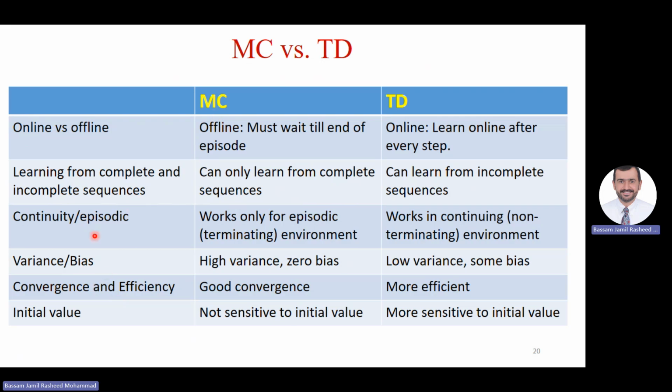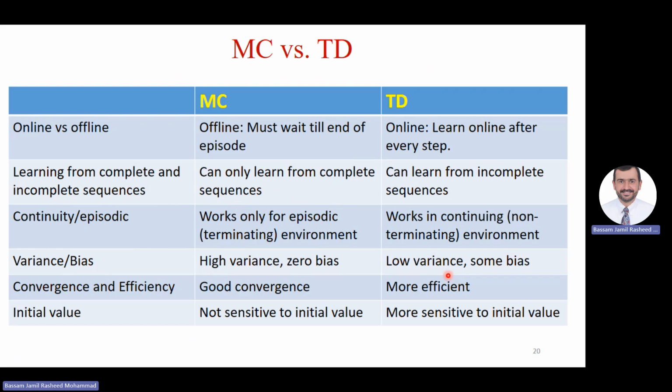Monte Carlo has high variance and zero bias, or minimal bias, we should say. The variance comes from the fact that we have to run complete scenarios, and those scenarios take all kinds of paths, so there are diversified transitions between these states that contribute to the high variance. Versus the TD, which has low variance and some bias, and this is because we don't run a complete scenario and then update all the states.